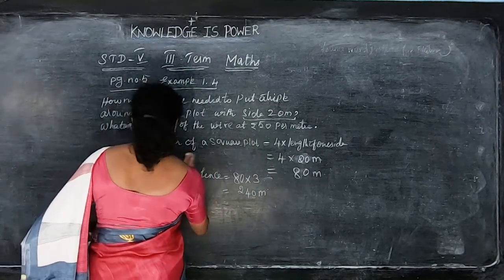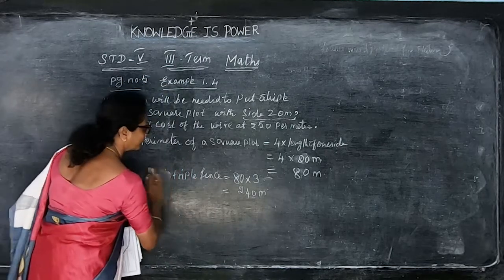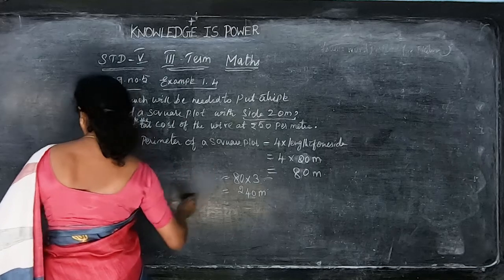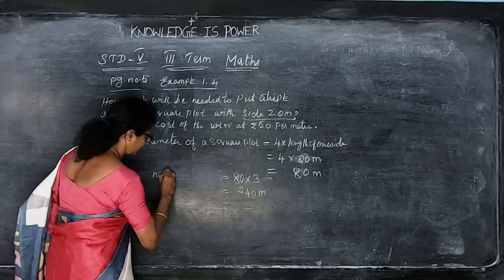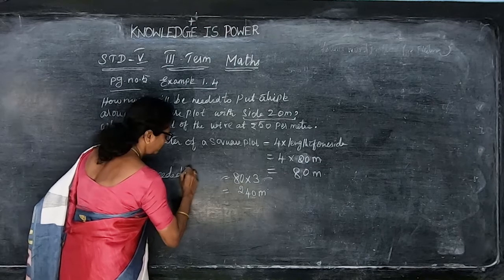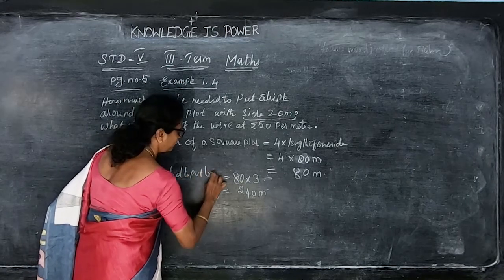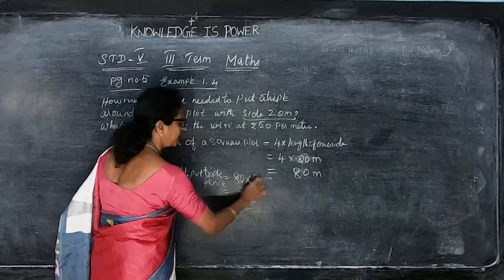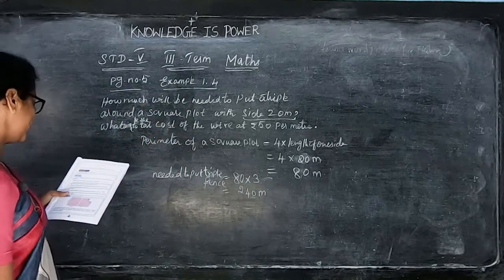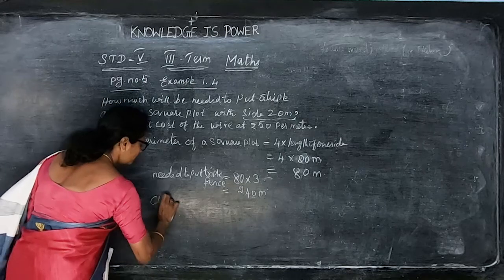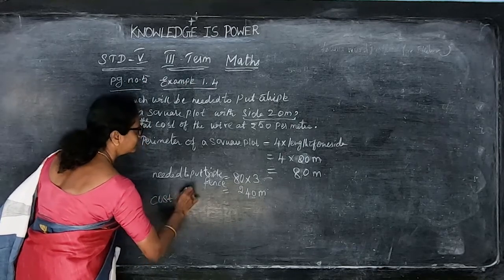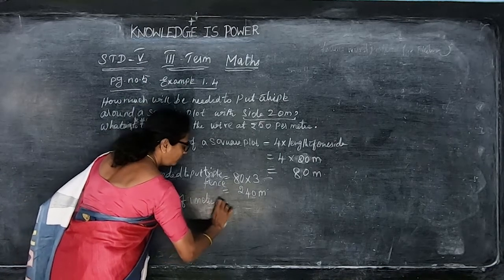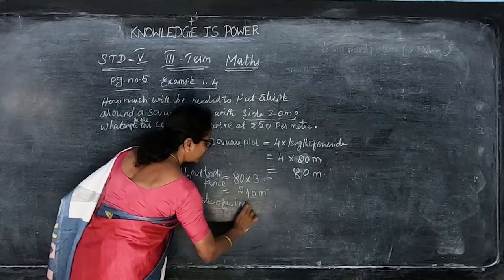The fence is a triple fence. So that is 80 into 3 is equal to 240 meters they needed to put the triple fence. So cost of 1 meter of wire is how much?